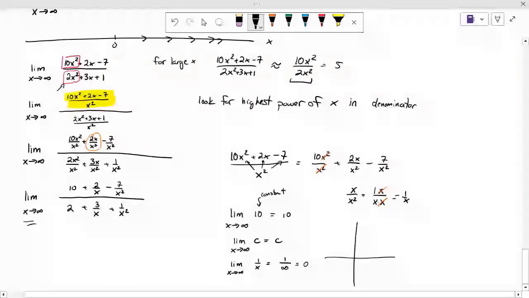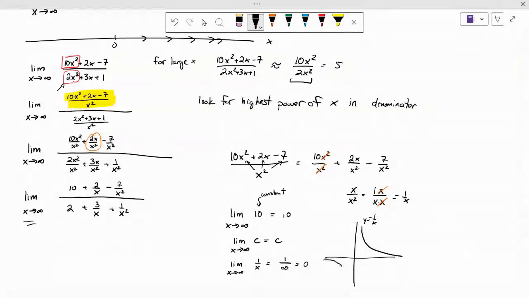If you look at the graph of y equals 1 over x, I'll just talk about the right-hand side. As x gets large, so x could be 10, and then 100. So x is just getting larger and larger. The denominator is getting larger and larger. But what's happening to the fraction then if the numerator is stuck at a certain number, but the denominator grows without bound?